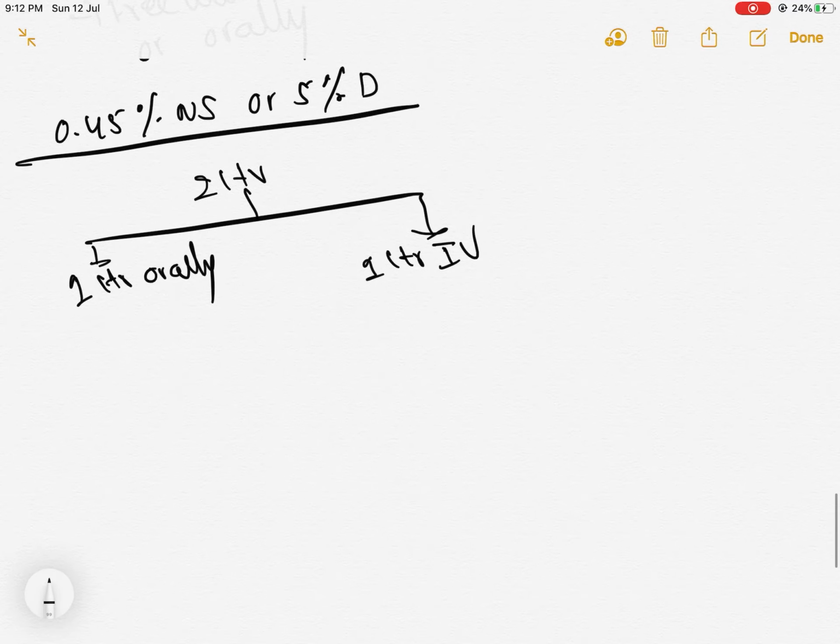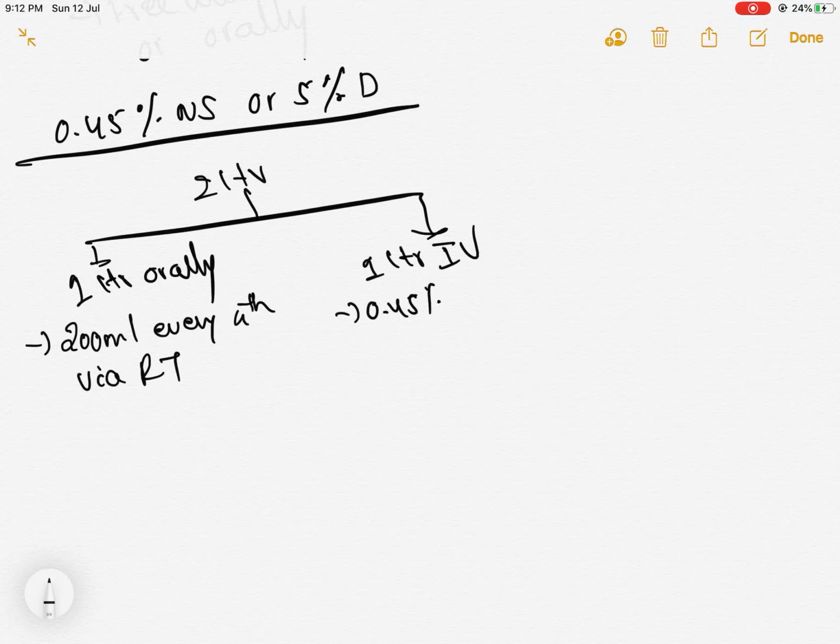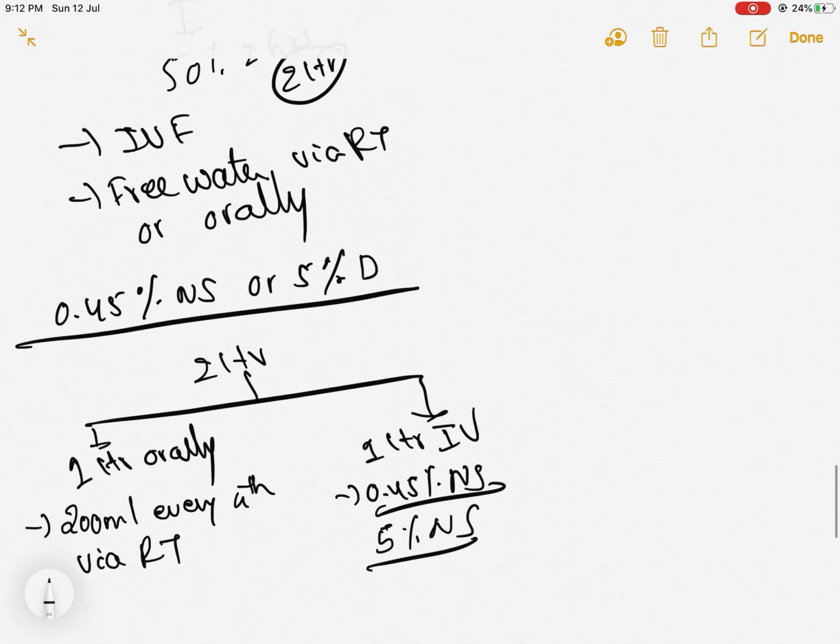So 1 liter orally, that is either you can give him 200 ml every 4th hourly via RT, and then your fluid you can choose as 50-50%, that is 0.45% NS and 5% dextrose, both pints. These you can give over 24 hours.